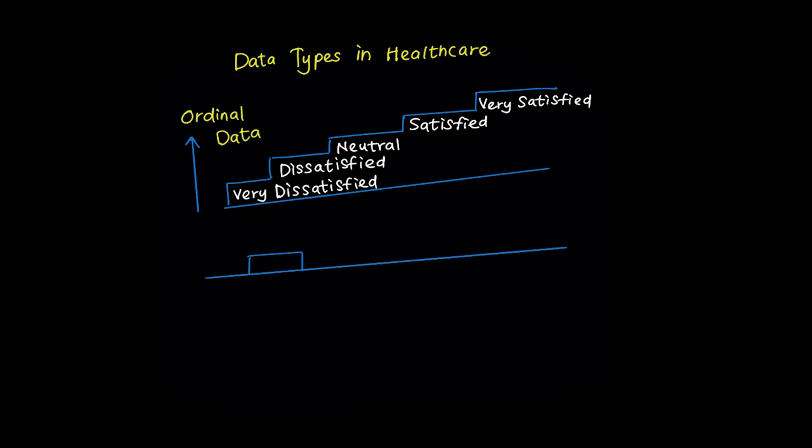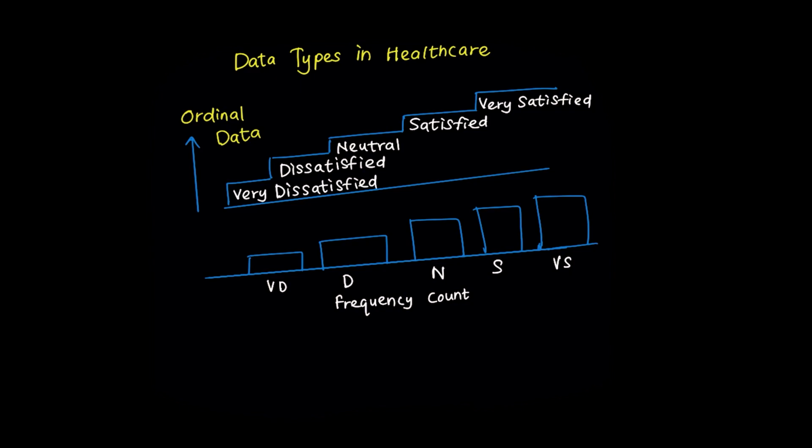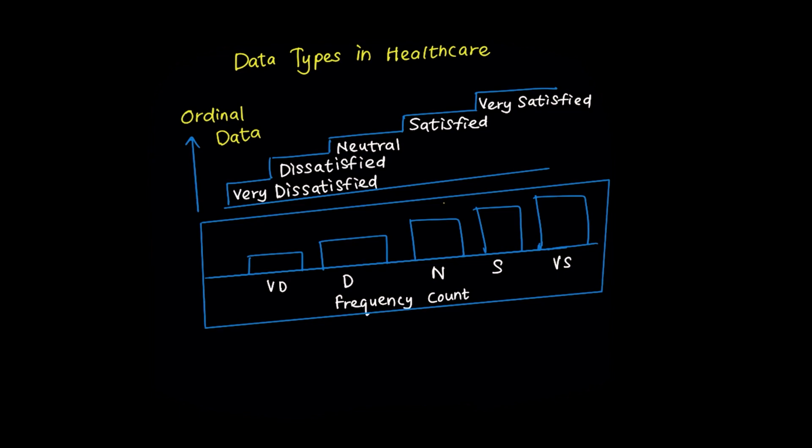Satisfaction surveys use Likert scales ranging from very dissatisfied to very satisfied, and this creates a natural ranking system. The key here is that order matters, but we don't have perfectly equal intervals between each satisfaction level. That's why frequency is the most appropriate statistical measure for ordinal data, because we can count how many people fall into each ranking category.